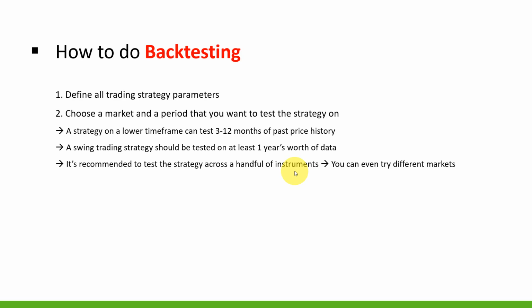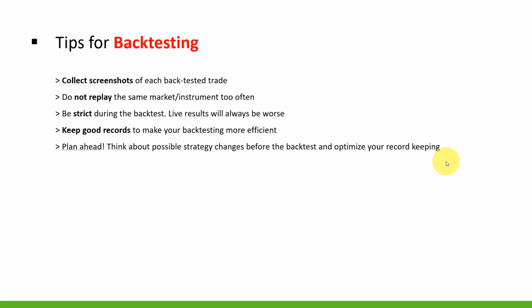Is it better on some? Does it work on all? Doesn't it work on any of the instruments that you traded? You can even take a strategy and test it on forex and stocks, or forex and crypto, for example, and then evaluate the performance.